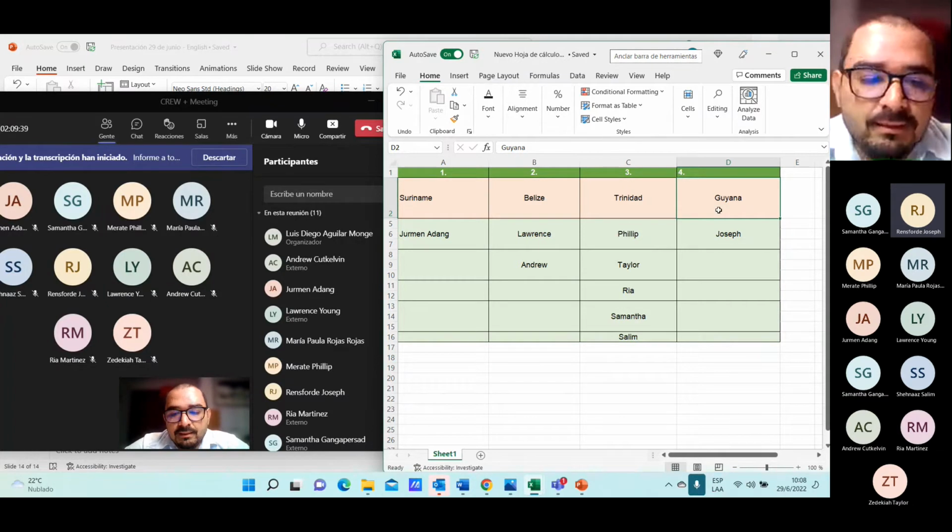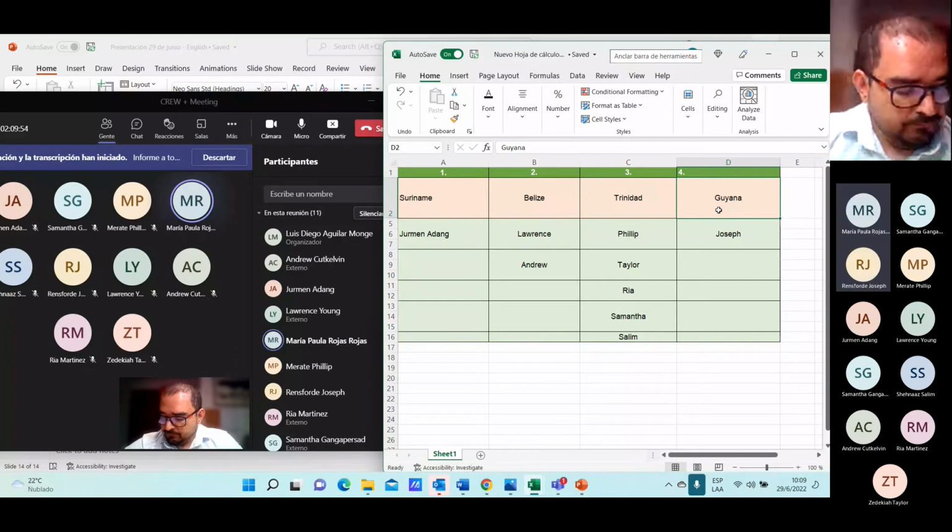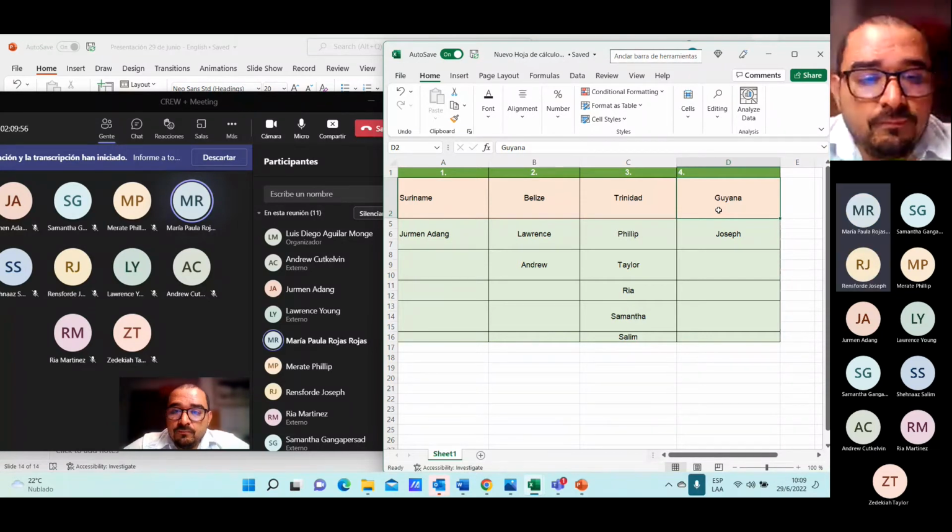Also, Maria Paula, maybe we can talk a little bit about the campus and the working guide that is on the campus, remembering the credentials for each one. Yeah, sure. Everyone received in the weeks prior a username and a password to access the virtual campus, the ICAP virtual campus.